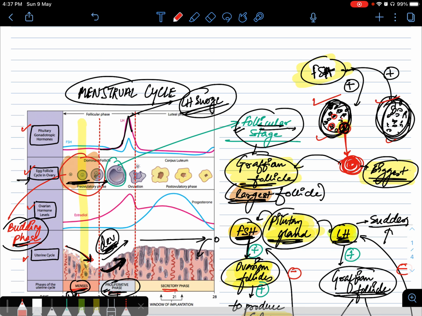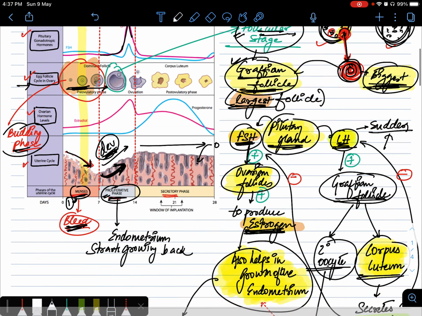It may be this one or this one, and it will help in growing it. It will keep on growing, and when it becomes a certain specific size, this largest follicle is called the Graafian follicle. The largest follicle is the Graafian follicle.